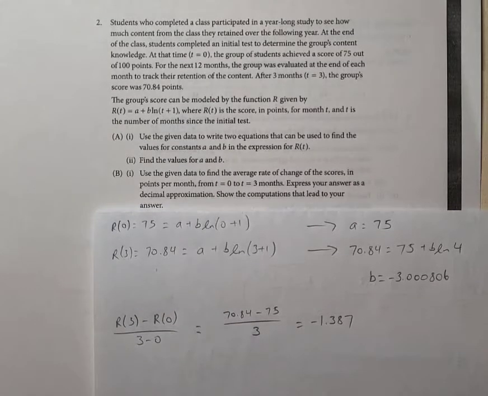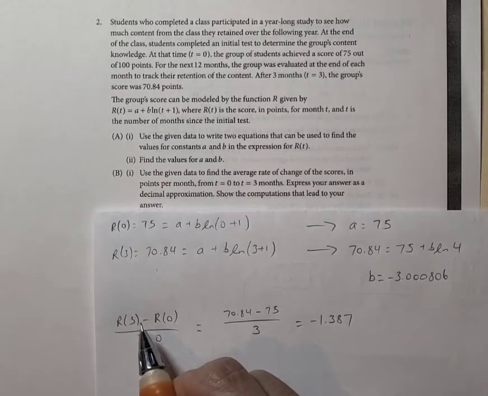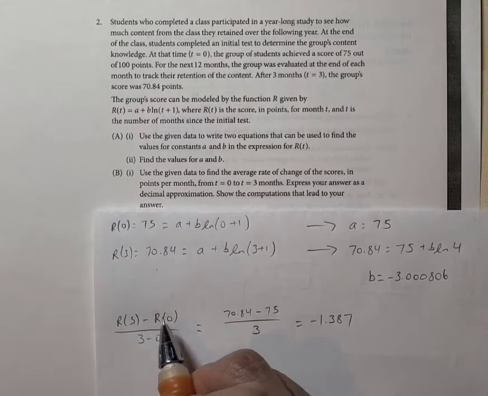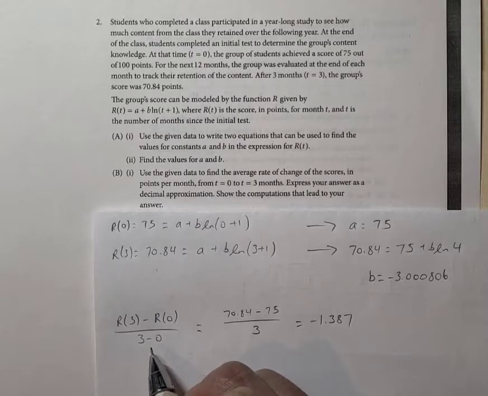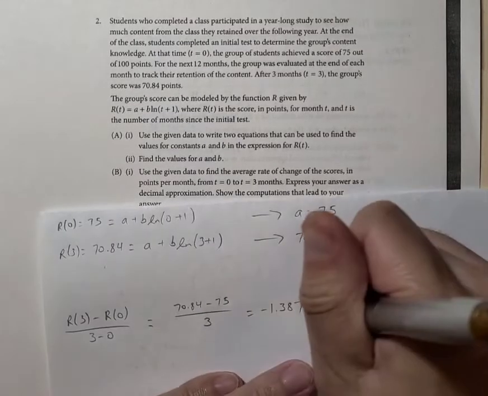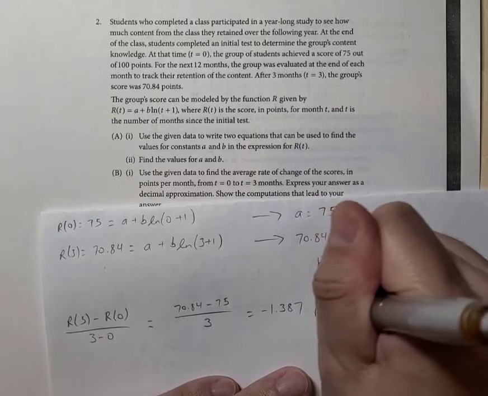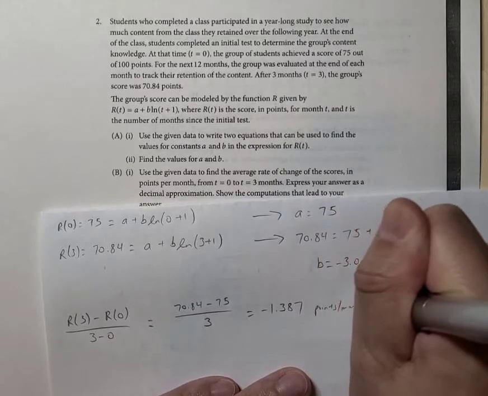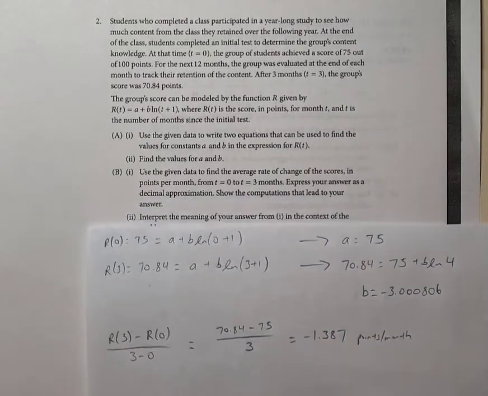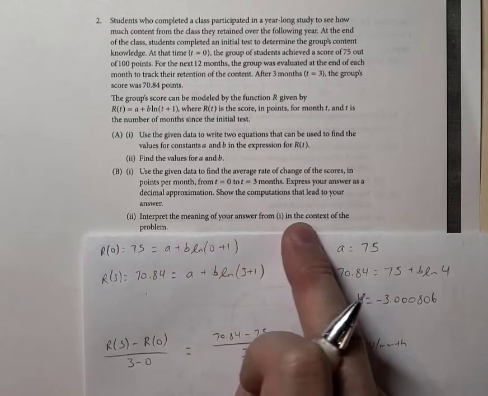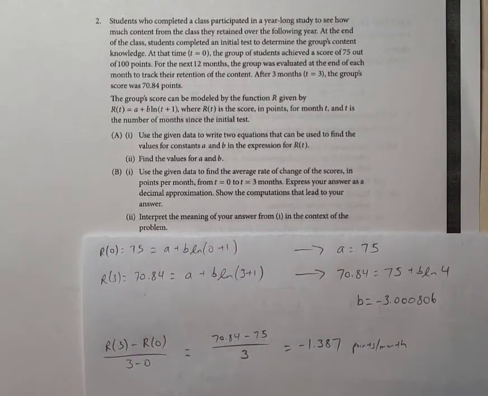And don't forget your units. We probably need our units here. So we are taking the change in the points over change in months, right? So it should be points per month. All right? Interpret the meaning of your answer in the context of the problem. So our units should help there.